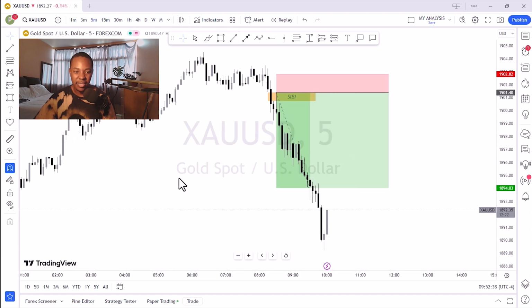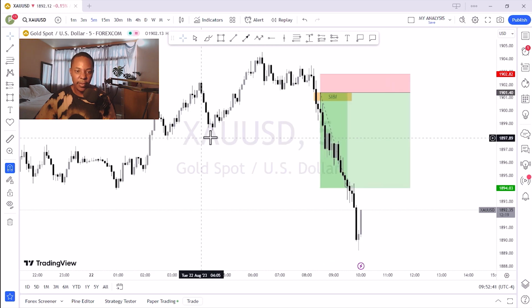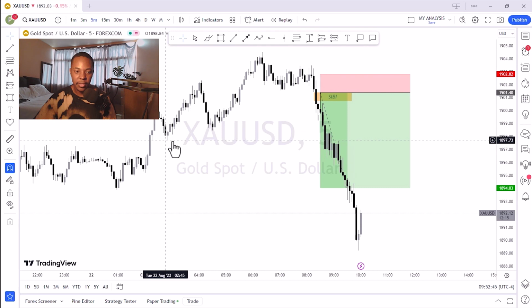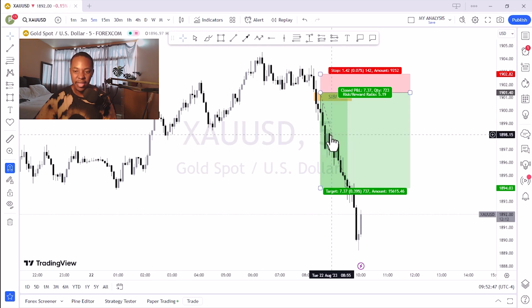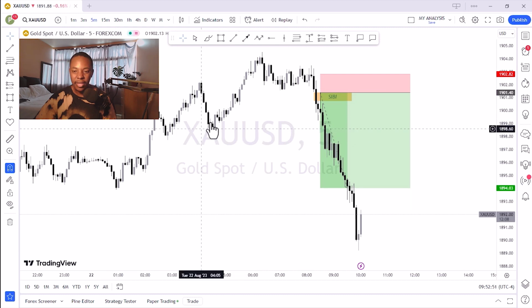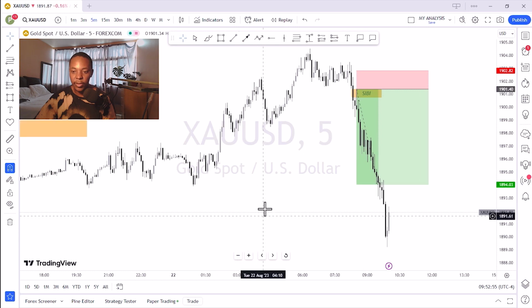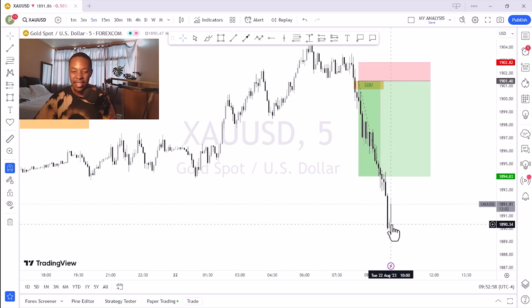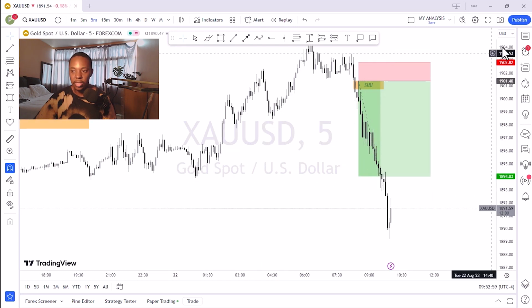My first TP was on this sell side here, and my last TP was on this sell side here. So yeah, that's how the gold trade went. As you can see, it actually went all the way down again. And yeah, that was also a successful trade.